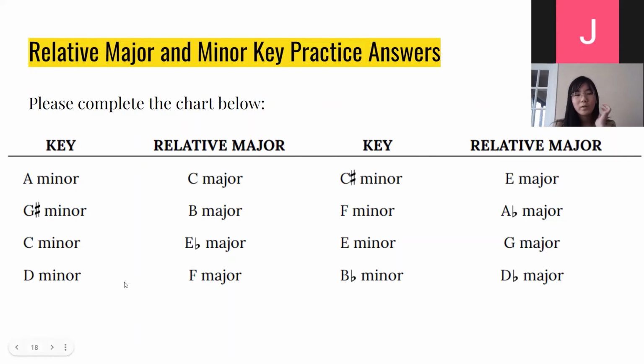The relative major for D minor would be F major. The relative major for C sharp minor would be E major. The relative major for F minor would be A flat major. The relative major for E minor would be G major. And the relative key for B flat minor would be D flat major.